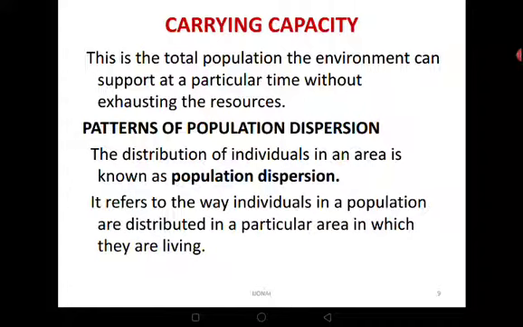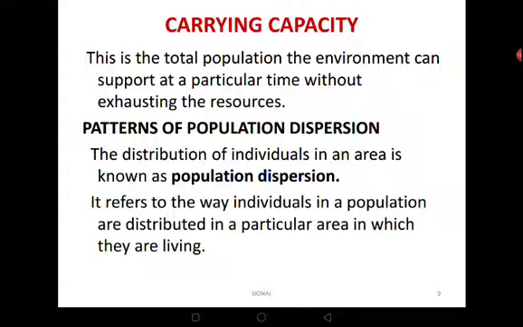So in the environment also, the environment has a carrying capacity. The maximum number of individuals or organisms of the same species that can be supported by the resources in that environment, the maximum possible number, is what we call the carrying capacity. Now, beyond the carrying capacity, there will be a strain on the resources.